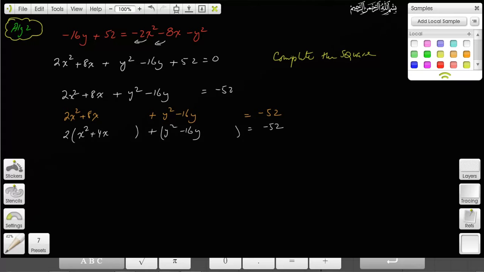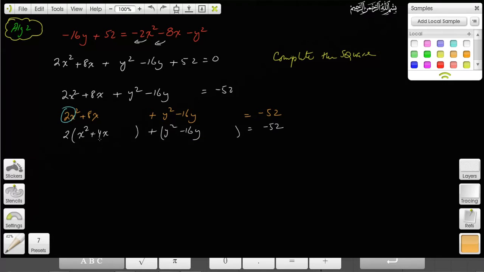So what I did here was I factored out a 2 just from these 2 terms, because I separated them mentally into 2 different compartments, the x terms and then the y terms. So now I'm going to complete the square for here and then for there.